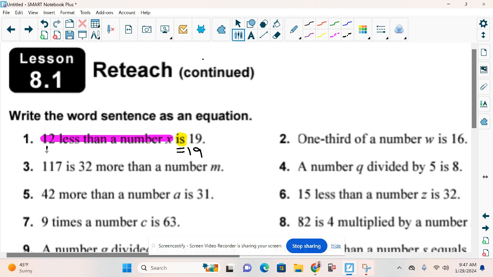I've got 12 less, and then than means what? Swap. Swap a number x. So we've got to swap what? 12 and x. Okay, 12 and x. So I will write this as x minus 12 equals 19, that would be my answer.